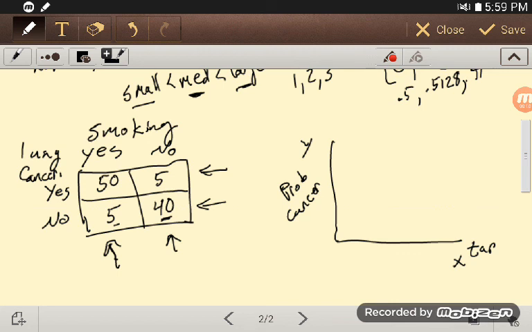So those would be numerical variables. Now, what I would probably expect in this case is as more tar or more cigarettes or something like that, that probability of somebody getting cancer would go up, and I might see a picture like this where, very little smoking or very little tar, very low probability of getting cancer, but the more tar in your lungs over time, or the more cigarettes you've smoked over time, the higher probability of lung cancer.